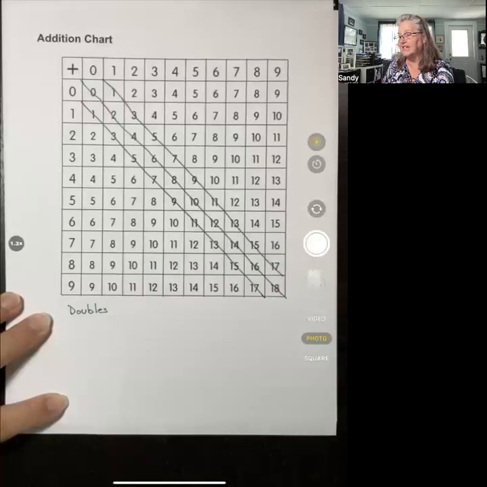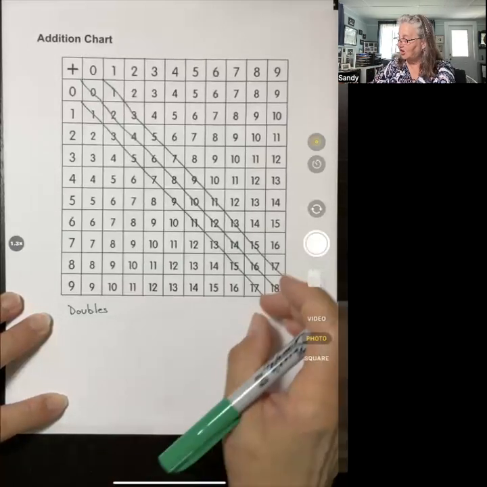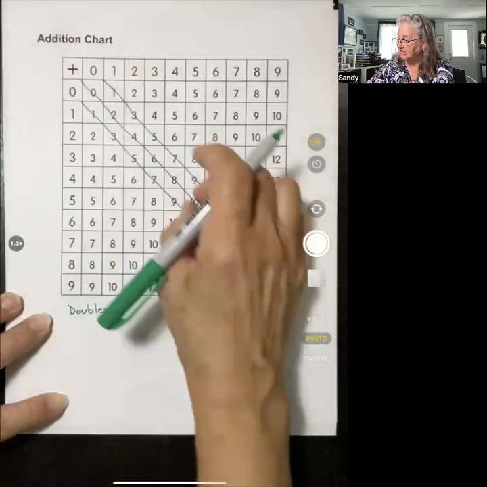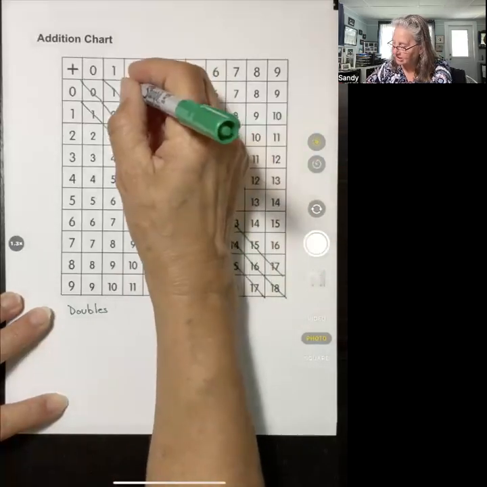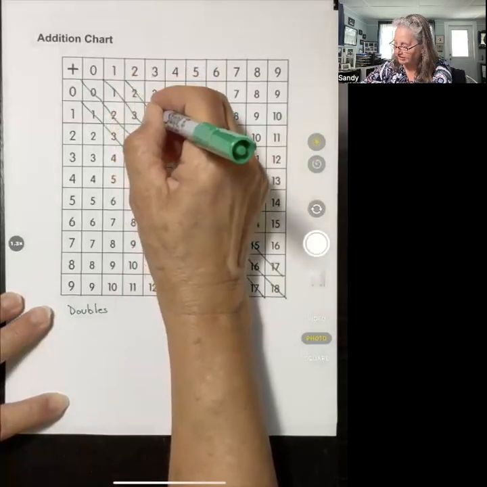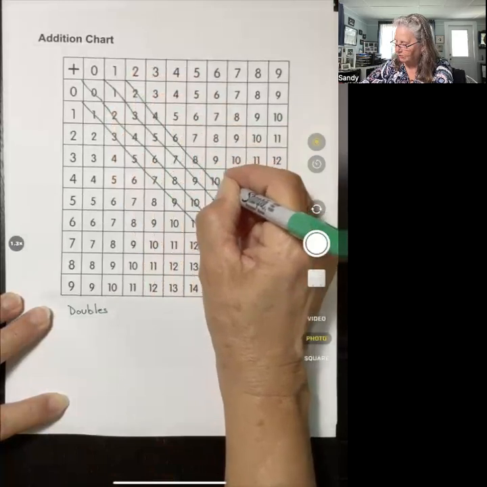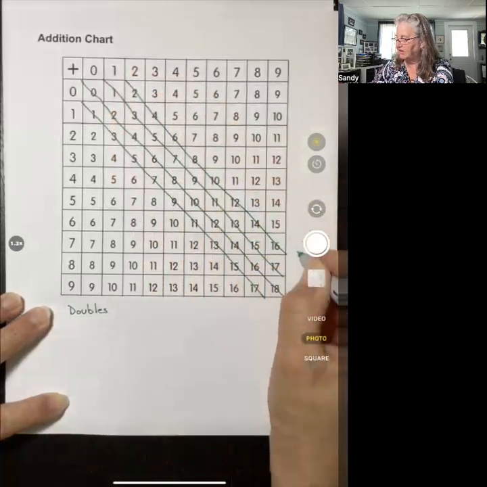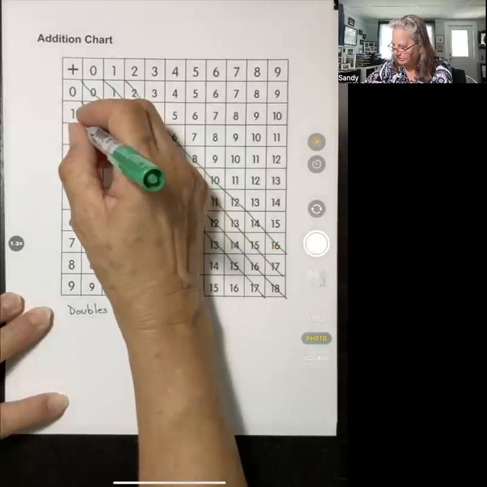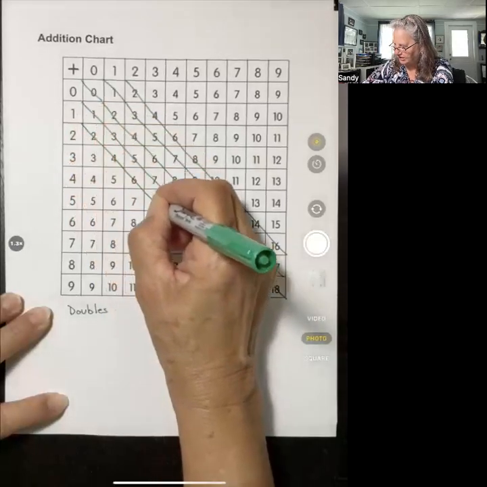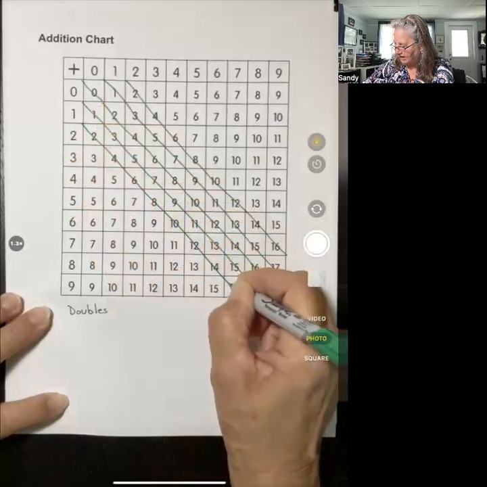So when we look at doubles, doubles plus or minus 1, we've taken all of those facts, looked at those facts with that strategy. We can do the same with doubles plus or minus 2. Now notice what happens with the plus 2, all of those are even again. And the minus 2, all of these are even again.